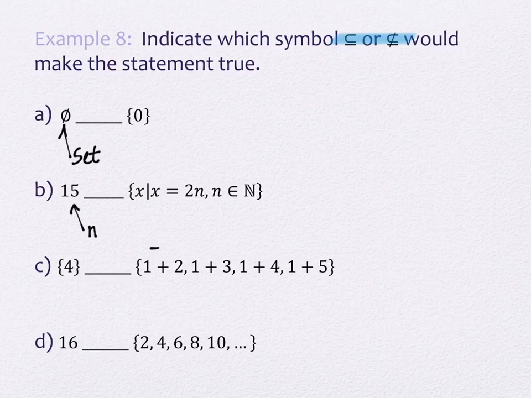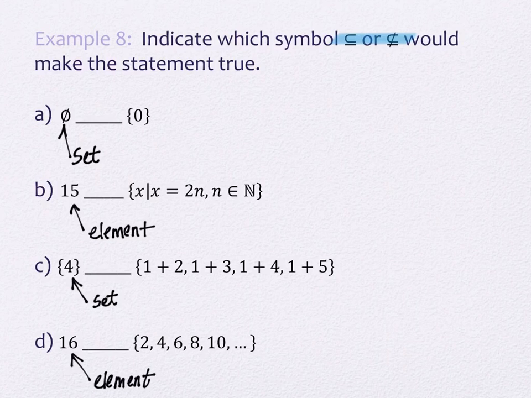It's an element. In fact, I think I'll just go ahead and write that down now. This one's an element. How about on C? It's a set. And on D, it's an element.